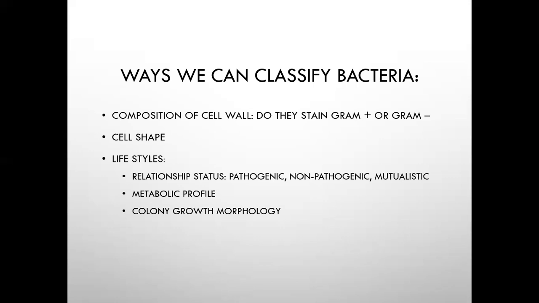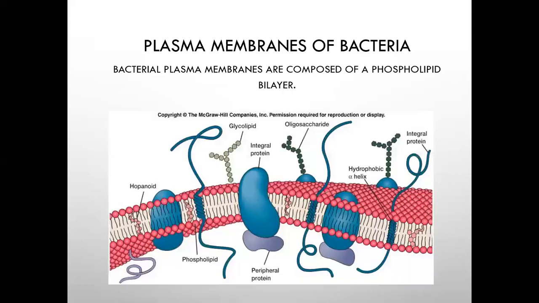So we can see some cell shapes when we stain them, and also their lifestyles. So, what is their, quote, relationship status? Are they pathogenic? Do they cause disease? Do they not? Are they mutualistic? Okay. Metabolic profile is also important, which we'll touch on, as well as what they're growing on, or their colony growth morphology.